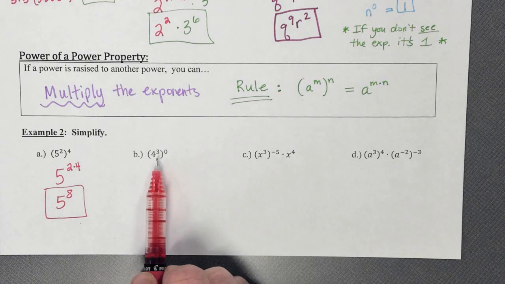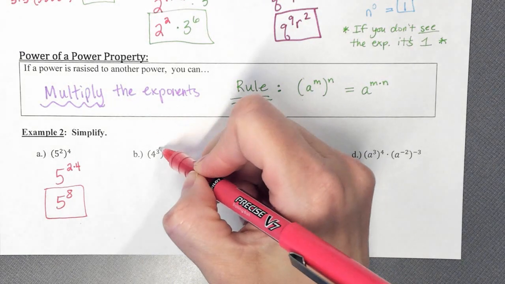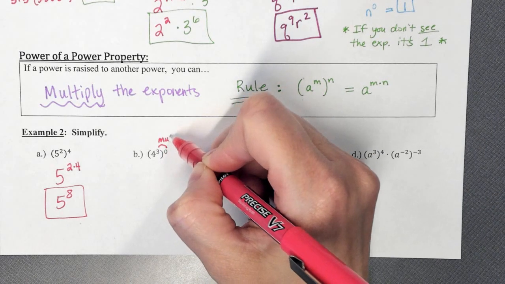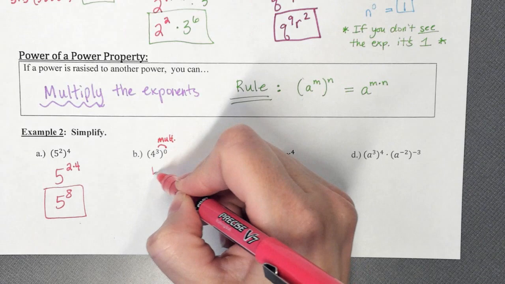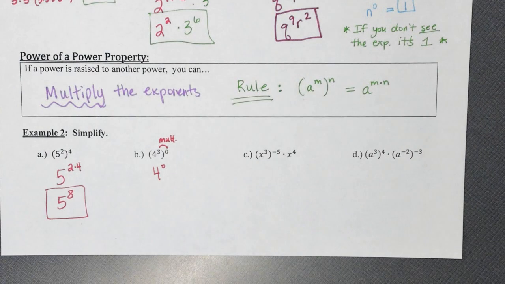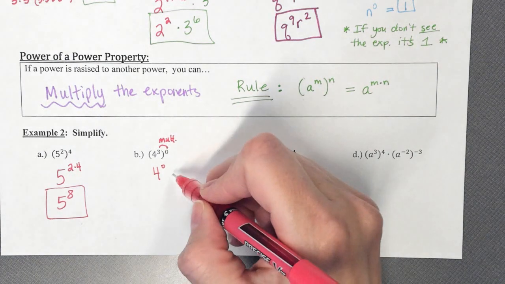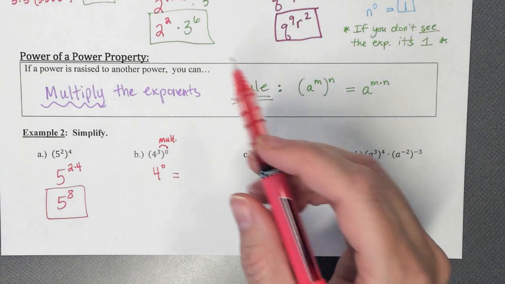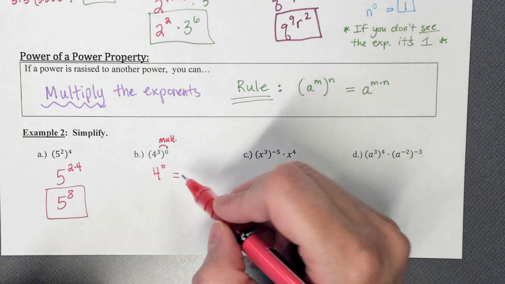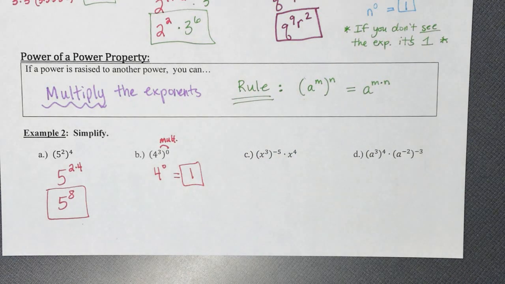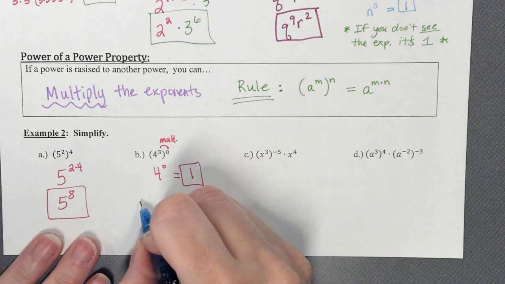Right? Now, when you multiply those together, you get 4 to the 0, and we just reminded ourselves that anything to the 0 power is what? 1. Yeah? Good. Okay, so any number raised to the 0 power equals 1.